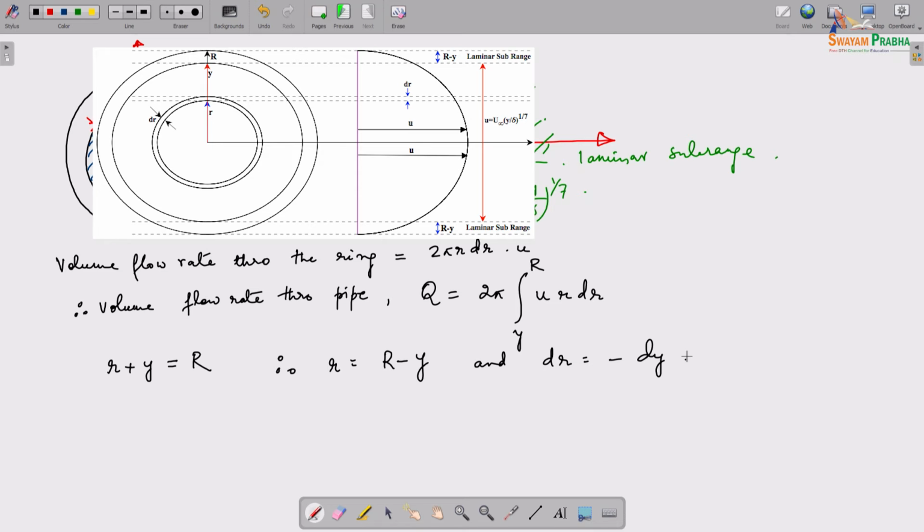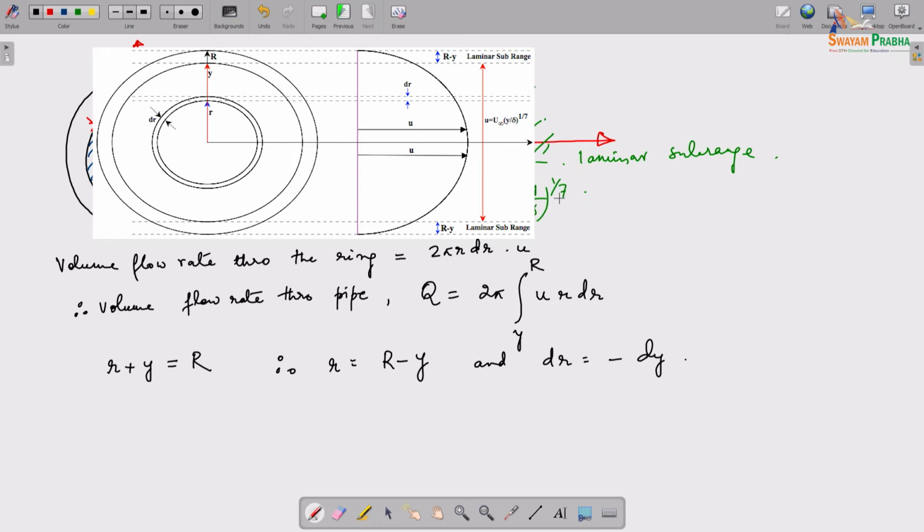That's easy to see, that's just derivatives. Then also delta is equal to R, as we have written here, and the 1/7 law is also given here.